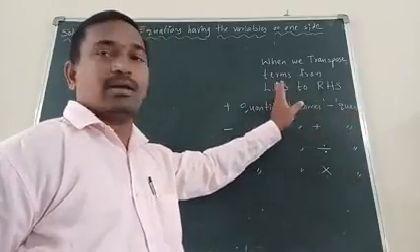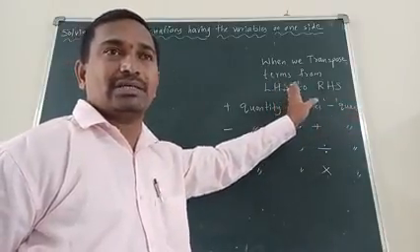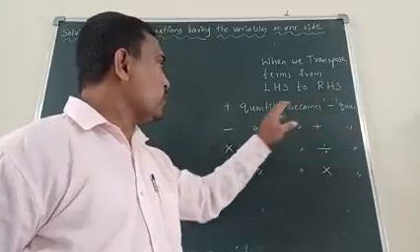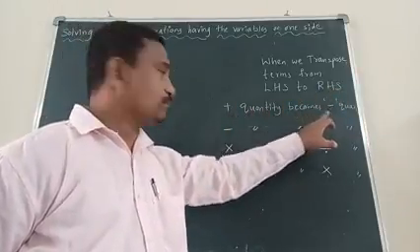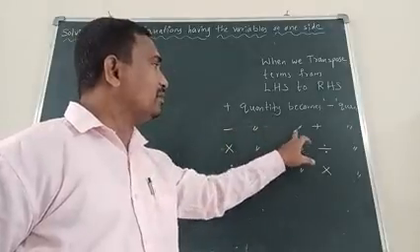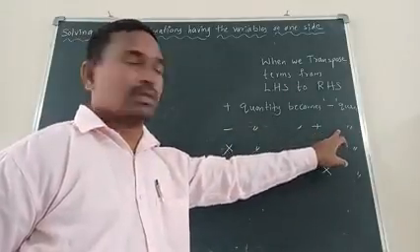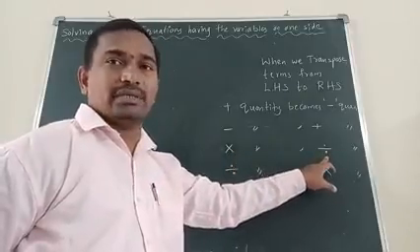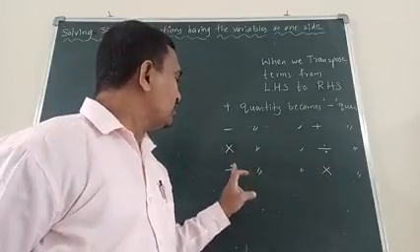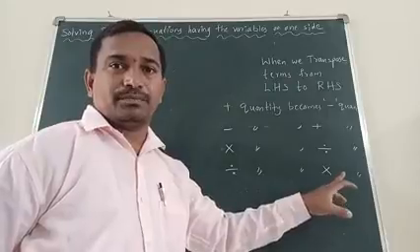For example, when a term is transposed from the left hand side to the right hand side, a plus quantity becomes a minus quantity, and a minus quantity becomes a plus quantity. Multiplication becomes division, and division becomes multiplication.